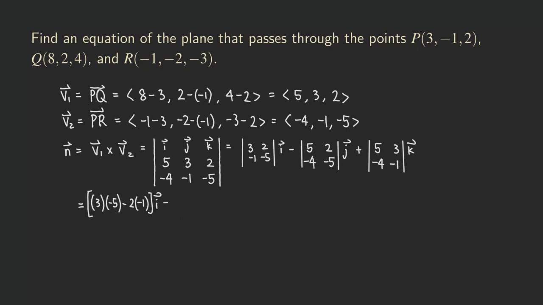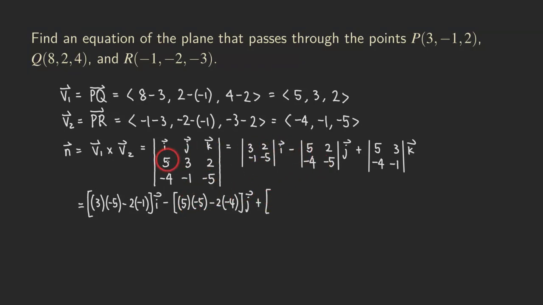And then continue. So we have a minus here. And then what do we do here? So 5 times -5, and then minus 2 times -4. I'm actually showing a lot of work here. Sometimes when you get better, you don't need to show this much work because it will actually be quicker.